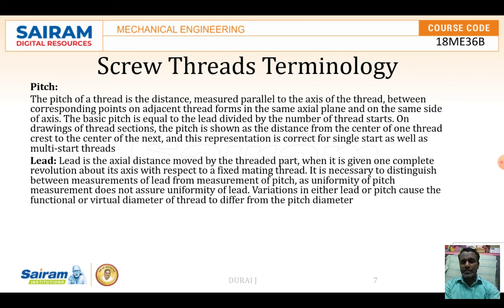It is necessary to distinguish the measurement of lead from the measurement of pitch, as uniformity of pitch measurement does not assure uniformity of lead. Variation in either lead or pitch causes the functional diameter of the thread to differ from the pitch diameter. This is about the lead. Simply, you can remember: the distance the helical groove moves in one full revolution is the lead.